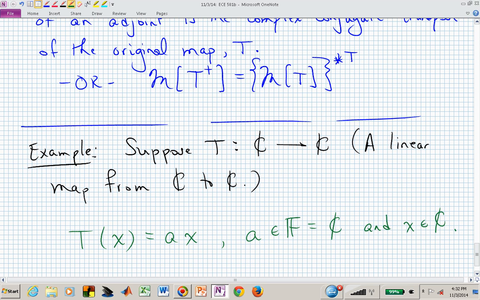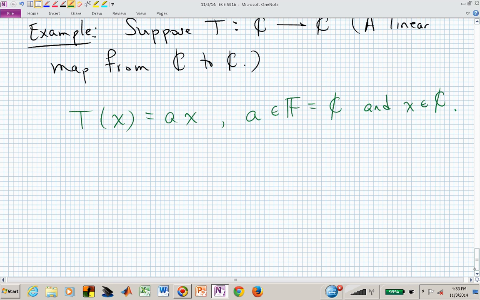You give me a vector X, which is coming from the complex numbers, and the linear operator that I'm defining is just going to scale that by another complex number A. That's the linear map that I'm referring to. To emphasize what we have, A is really C in a 1 by 1. It's a scalar.